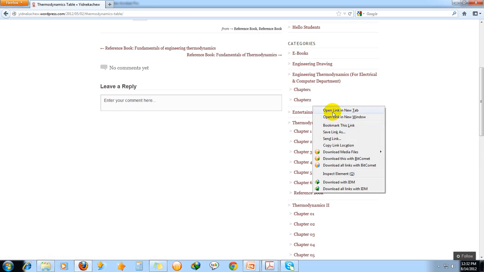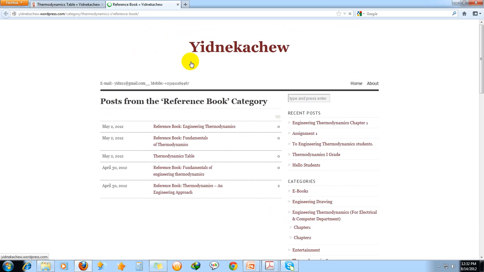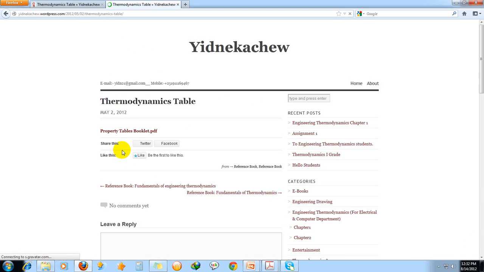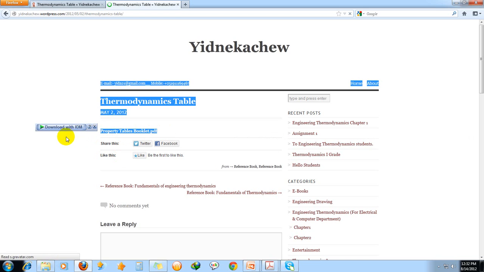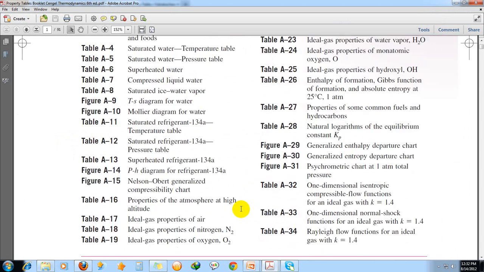From the reference book there is a list of books, and here we have the thermodynamics table. So we can download it from this, or obtain it from any thermodynamics book appendix.